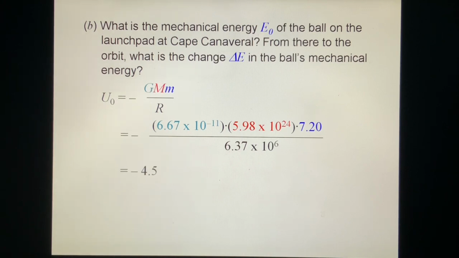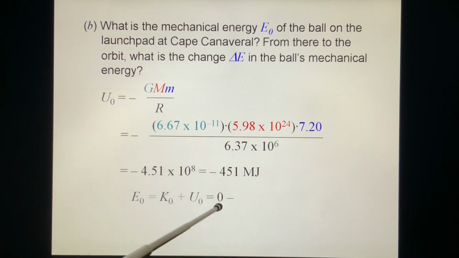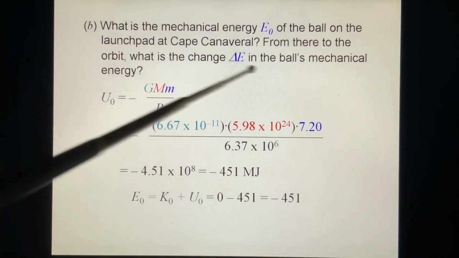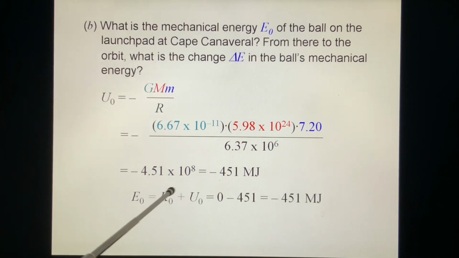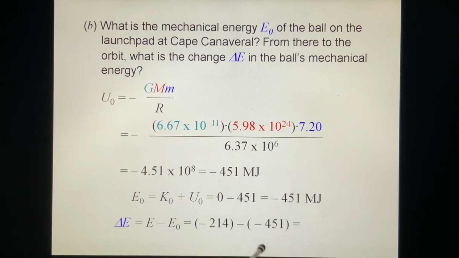Then we get U0. Once you get this, you get E, because E has a relationship with U. At the launch pad, kinetic energy is 0, and this U is minus 451. So then delta E equals E minus E0, minus 214 minus minus 451, which is a positive number, 237.